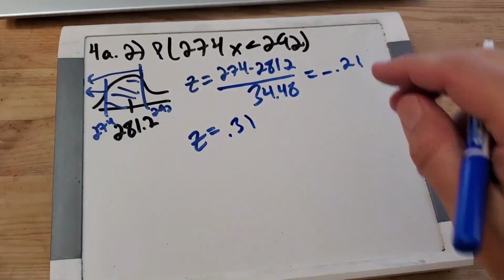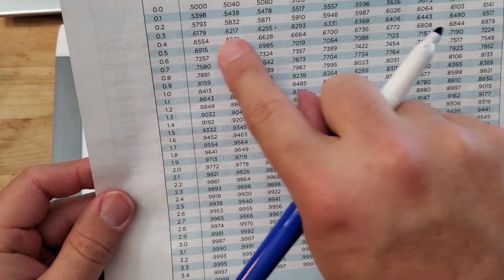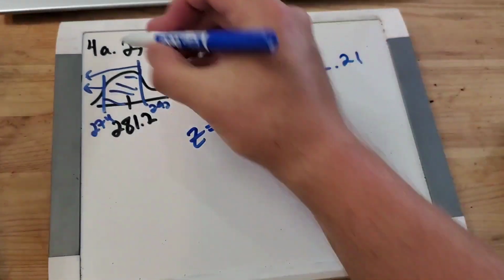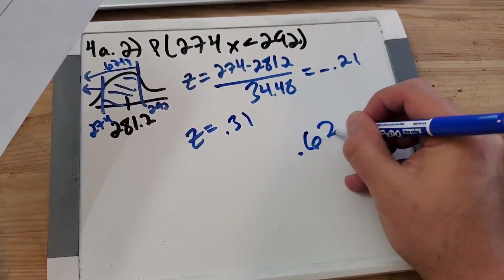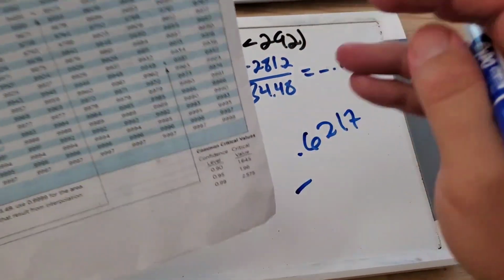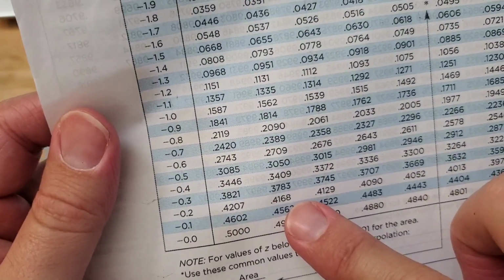So if I look up 0.31, I get 0.6217. So 0.6217 minus, now if I look up negative 0.21, I get 0.4168.